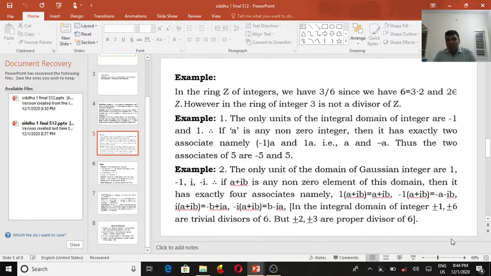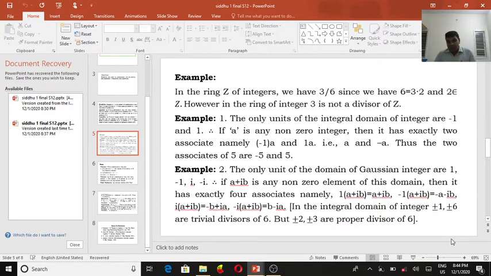This is called an example of principal ideals. The only units of the integral domain of integers are minus 1 and 1.